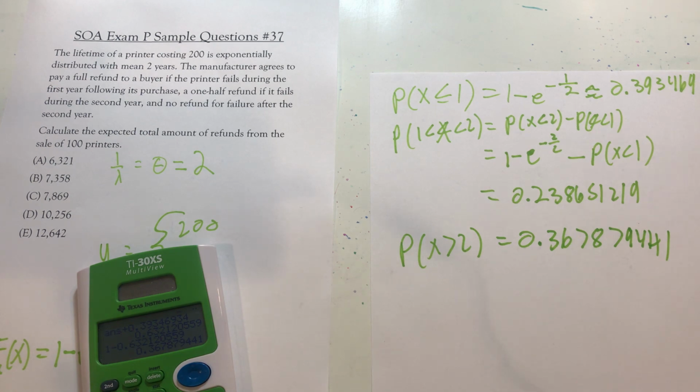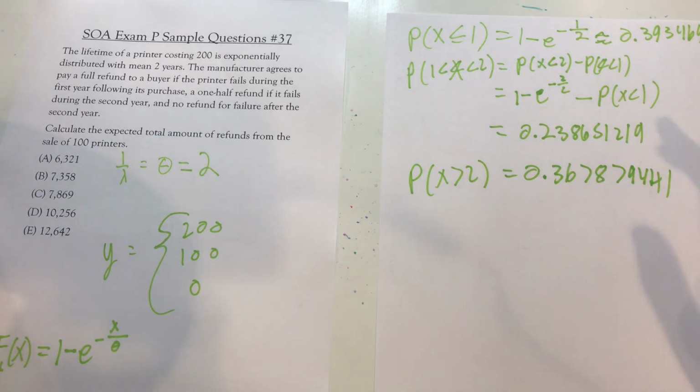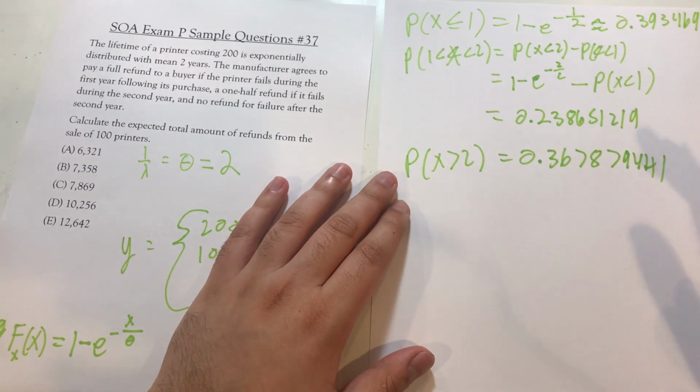Okay, so now that we have this, let's look at what the question asks us. Calculate the expected total amount of refunds from the sale of 100 printers. We can assume the probability of one breaking is independent of the probability of another one breaking.